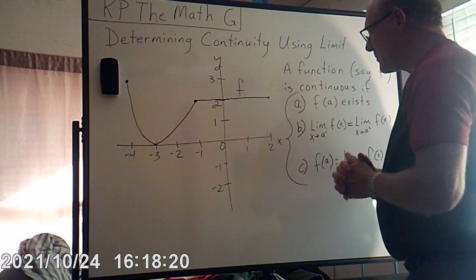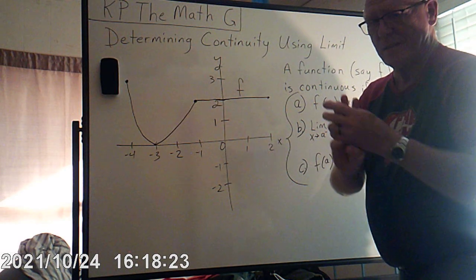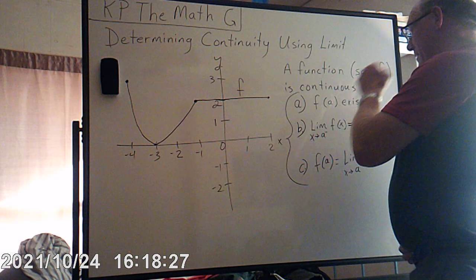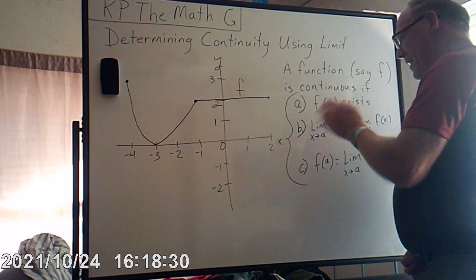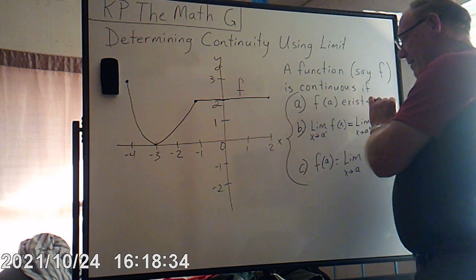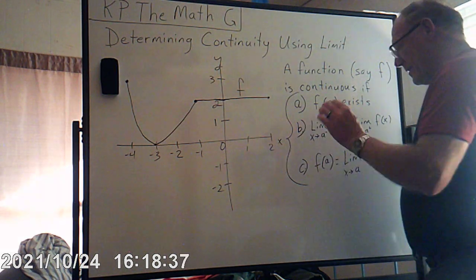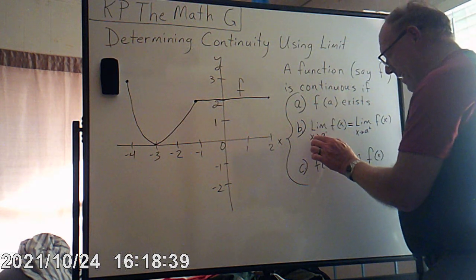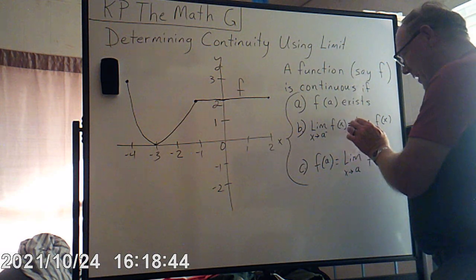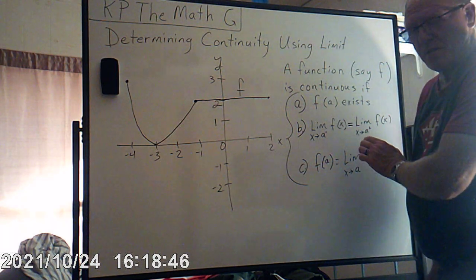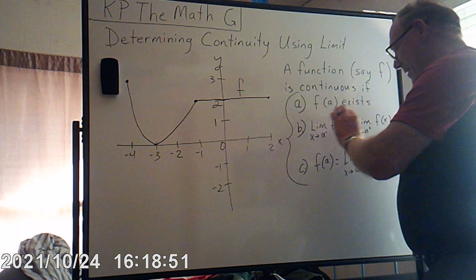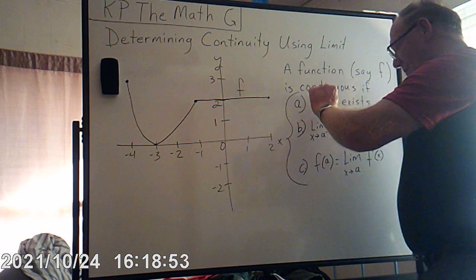definition of continuity. There are 3 things that we need to look for when we're looking for continuity. First of all, a function, say f, is continuous if f at a exists. And then b, if the limit as x approaches a from the left of f at x equals the limit as x approaches a from the right of f at x, if that limit exists, then f at a.